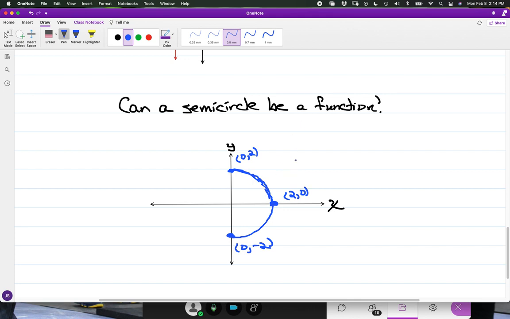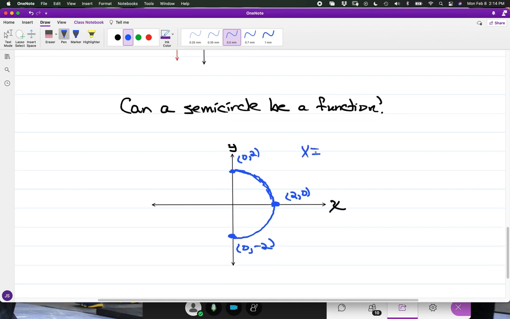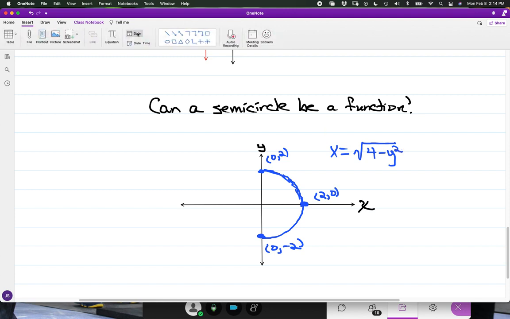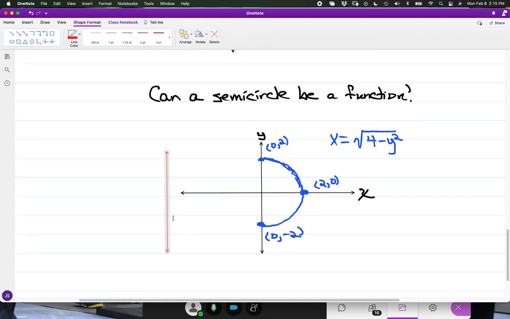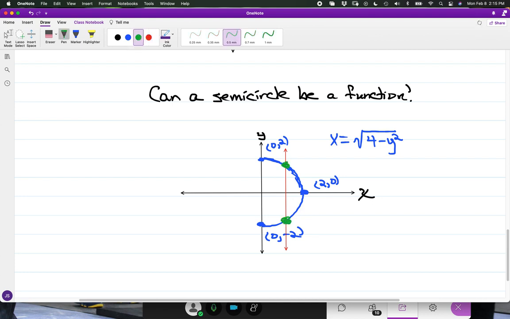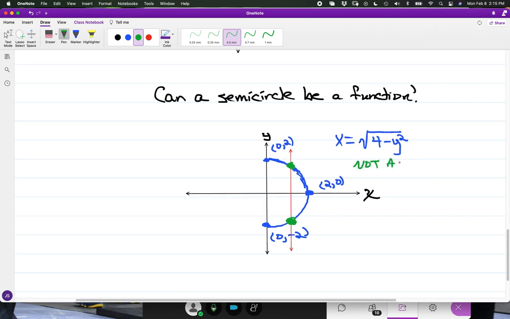So you have the semicircle, and for the right half, this would be the case where x is equal to the square root of 4 minus y squared. And if I try, again, running a vertical line through this, once I get past the y-axis, we have the problematic situation where we have 2 points of intersection at the same x value. So this semicircle, again, is not a function.